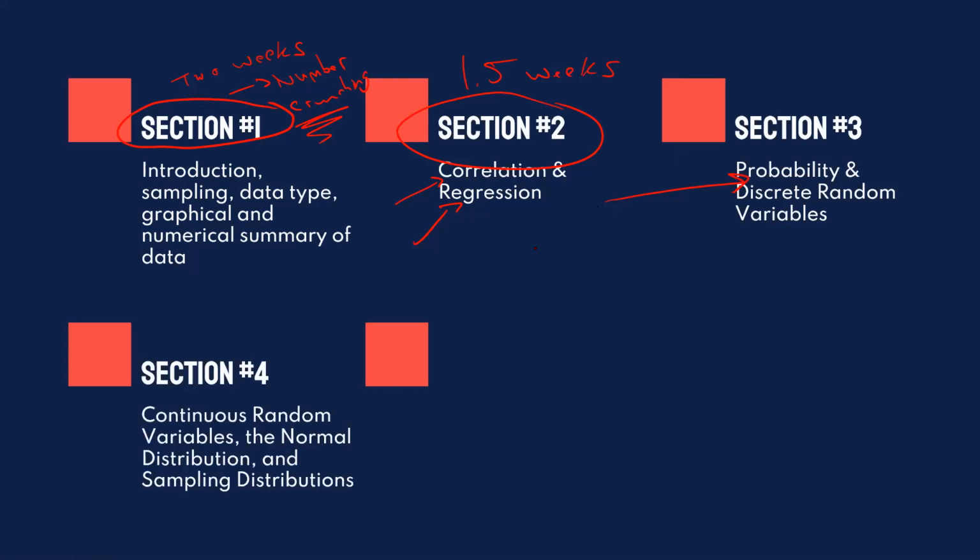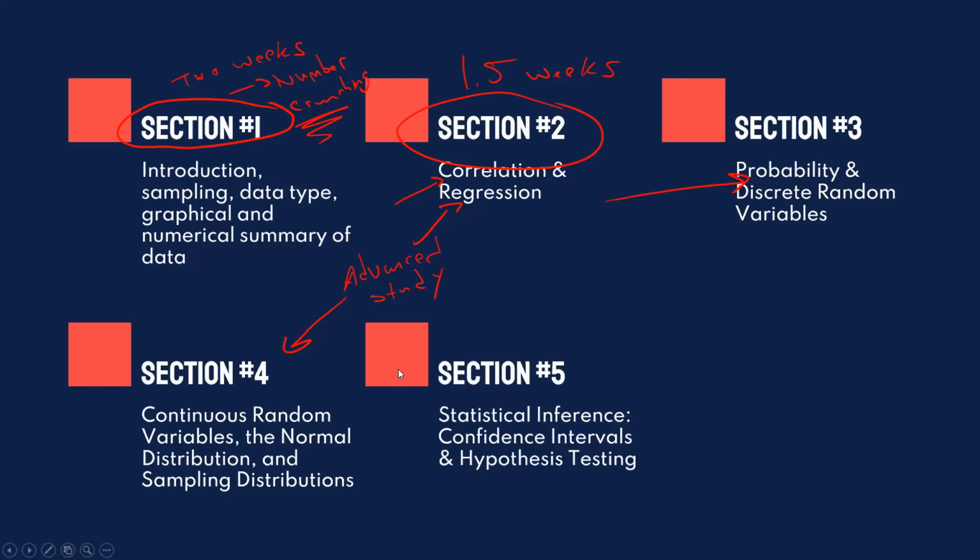Section 4, we talk about continuous random variables, the normal distribution and sampling distribution. This section here begins like the advanced study of statistics. We'll learn how to read statistical tables, and we'll start to see the beginnings of how you draw conclusions from data.